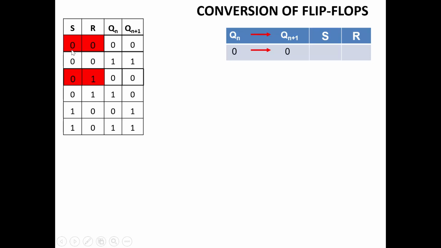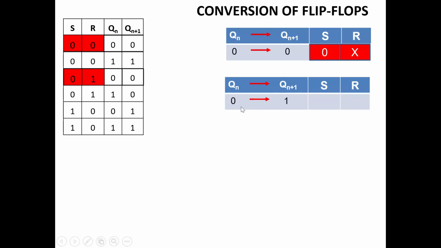If you see here, the value of S in both the cases is 0, while the value of R in one case is 0 and in the second case is 1. It means for 0 to 0 transition, the value of S must be 0 and the value of R can be anything. It is shown here: the value of S is 0 and R is don't care.